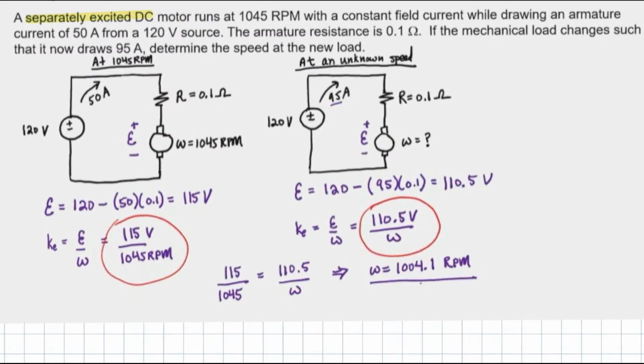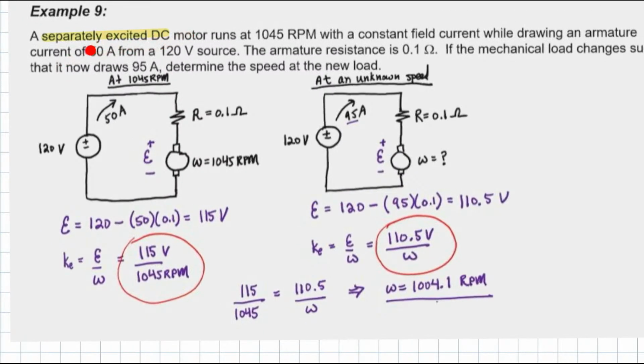Okay, so this is the use case of a separately excited DC motor. At 1045 rpm, it has 50 ampere, 120 volt, and 0.1 resistance. So we can find its EMF: 120 minus 50 times 0.1 gives 115 volt.